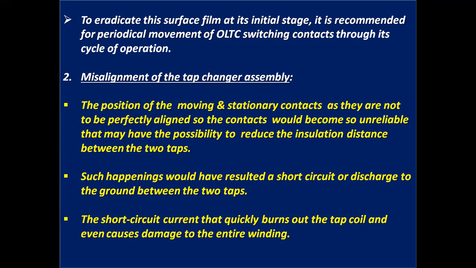Such happenings could result in a short circuit or discharge to the ground between the two taps. The short circuit current quickly burns out the tap coil and even causes damage to the entire winding.